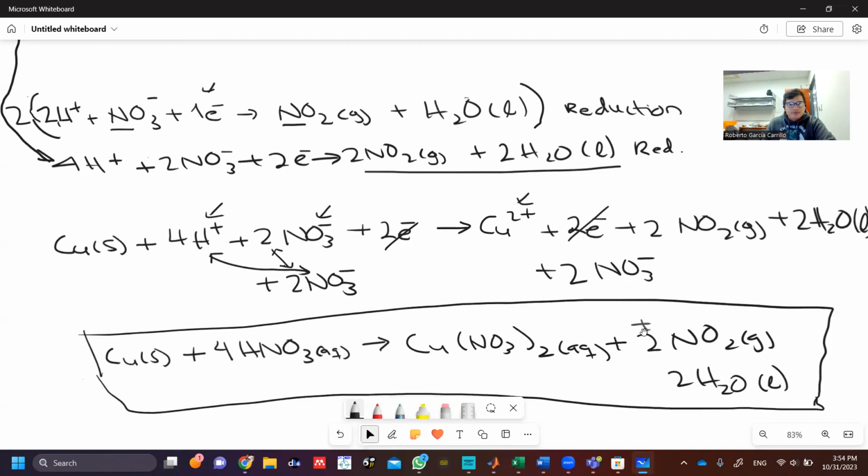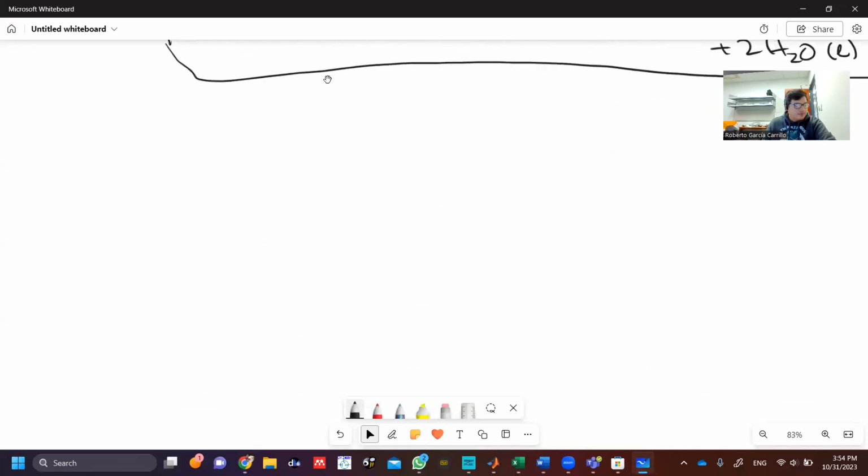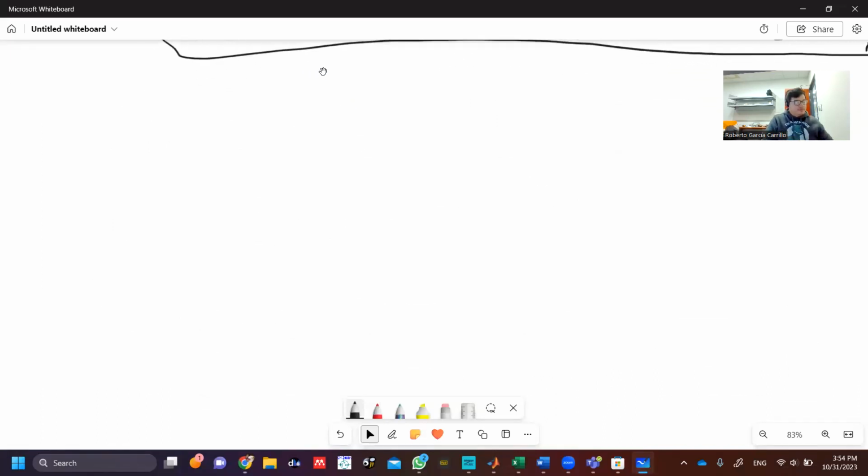And we can also take a look at the 5th reaction. So the 5th reaction is actually easier because we don't have to do that much work on the balancing.